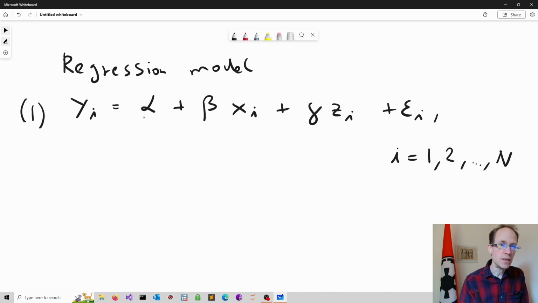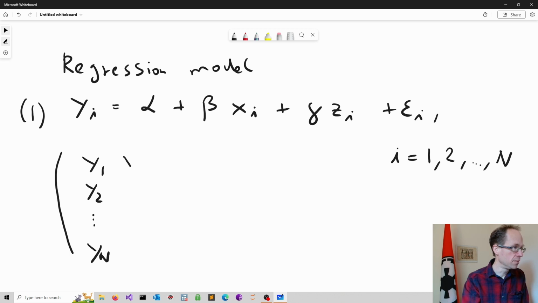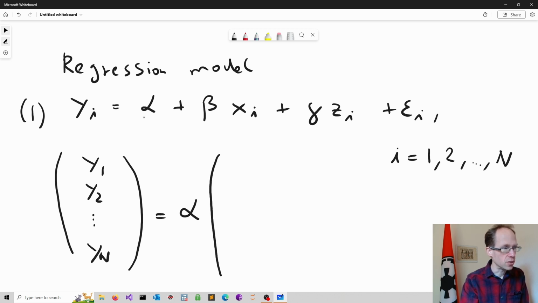The first step is to use column vectors to express this system of equations in a single line. We could simply write y1 for the first cross-sectional unit, y2, and all the way up to yn is equal to a constant term. Now this constant term needs a 1 vector because it is in all these equations.